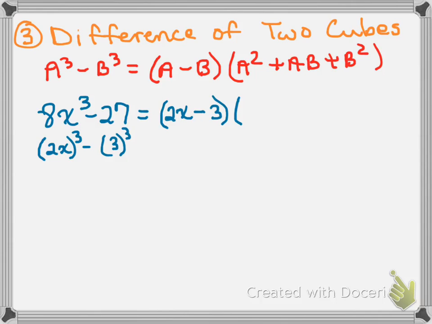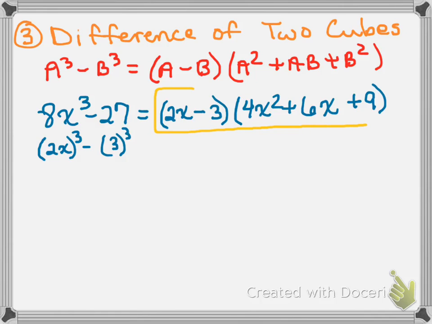Now you need the a term squared, so that would be 2x squared, or 4x squared, plus you need a times b, so 2x times 3, or 6x, and then you need the b term squared, or 3 squared, which would be 9. So 8x cubed minus 27 factors into 2x minus 3 times 4x squared plus 6x plus 9.